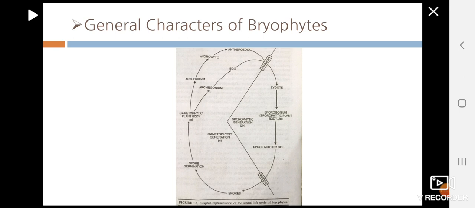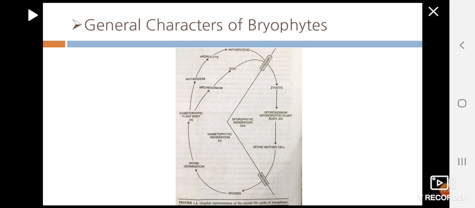Antheridia produce the antherozoids, archegonium produces the egg, and antherozoids and egg fuse to form the zygote, and this is called syngamy. So the zygote is the first stage in the sporophytic generation, and in this way, with the formation of the zygote, the sporophytic generation starts.